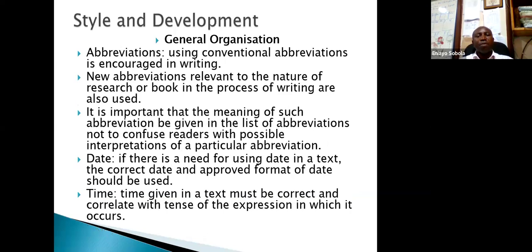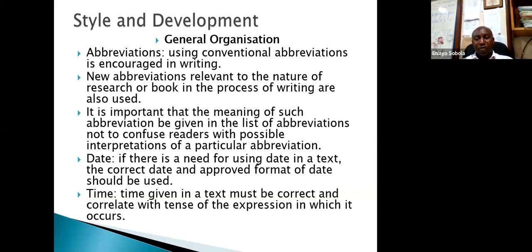And the next one is abbreviations. When you use abbreviations, it's advisable that you use the conventional abbreviation, because people understand what it means, and that encourages good writing. Even then, if you use any other abbreviation, you are expected to state what your abbreviation means in the list of abbreviations.